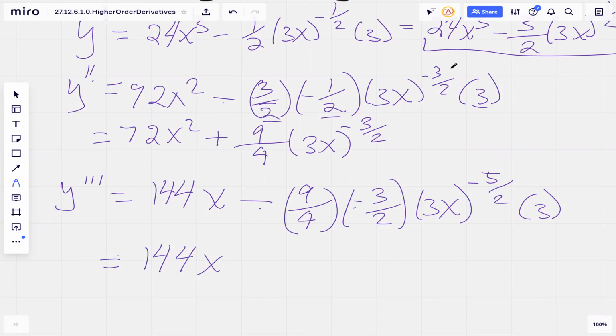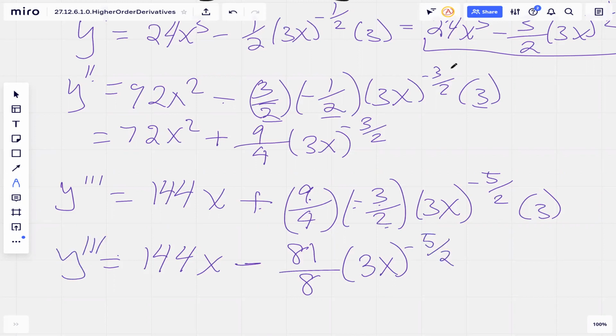Oh, that should be a positive, my mistake. So we have a positive and negative, so we end up with a negative. We have a 9 times a 3 times a 3, that's 81 over 4 times a 2, which is 8 times 3x raised to the power of negative 5 over 2. Good, that's our y triple prime.